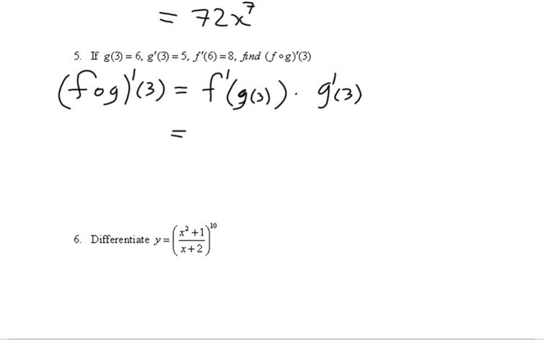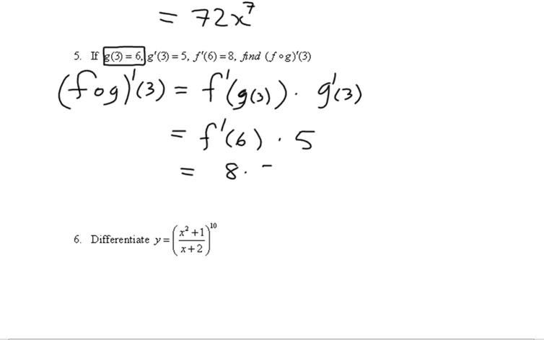First of all, did they tell us what g of 3 was? Yes. So in the next step, this is 6. Did they tell us what g prime of 3 was? Yes. It's 5. And did they tell us what f prime of 6 was? Yes.